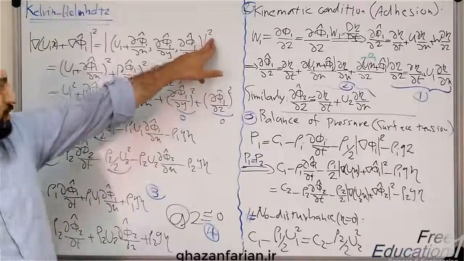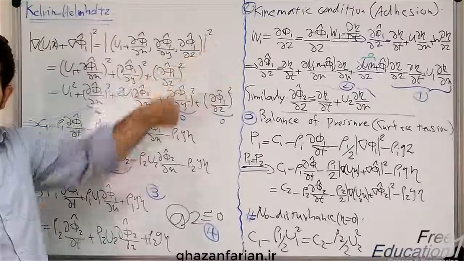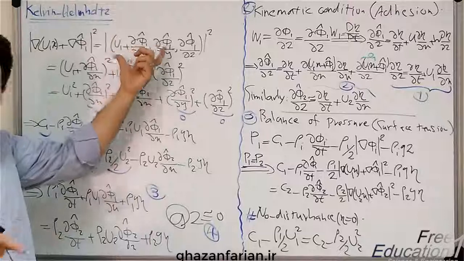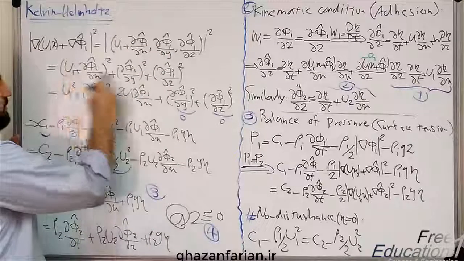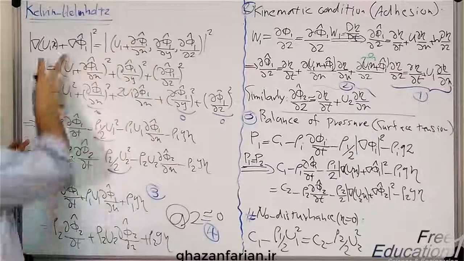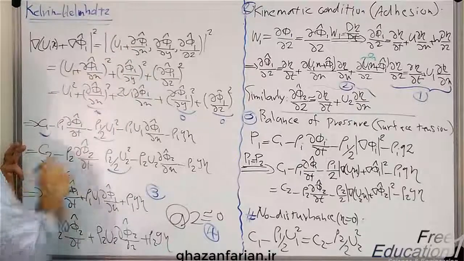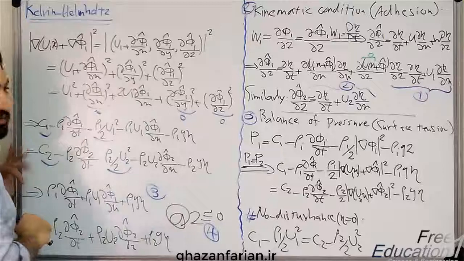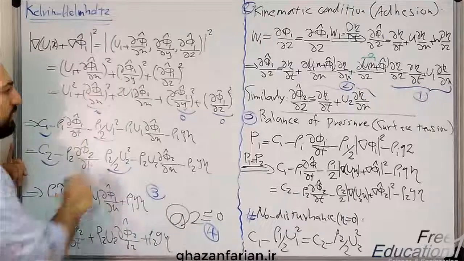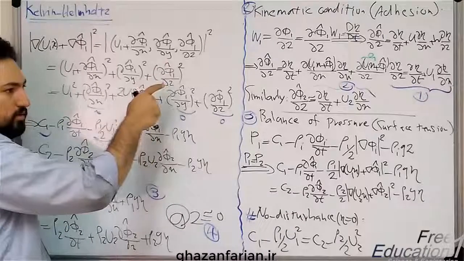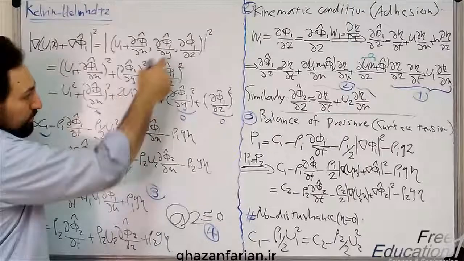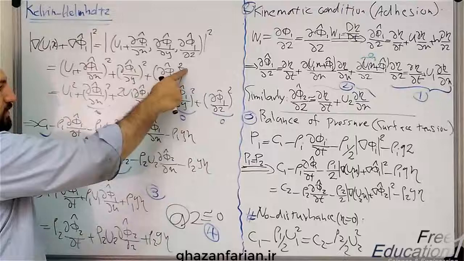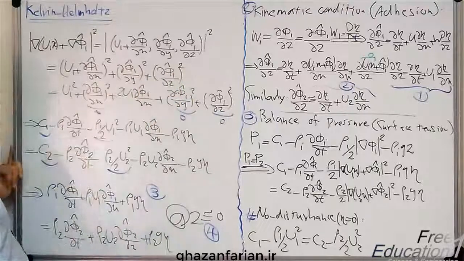This is not the power of 2; this is the dot product of this vector with itself. So perform the dot product. This is the result of the dot product of this vector with itself. These are second order terms, or nonlinear terms, because the unknown, which is the disturbance of the phi function, is multiplied by itself, or we have a power of 2 here.